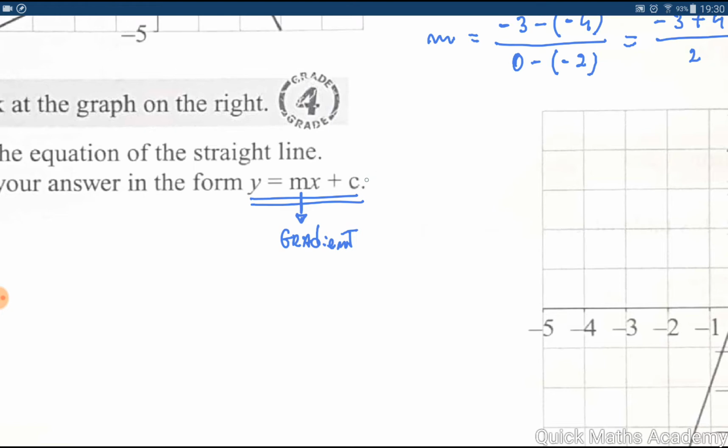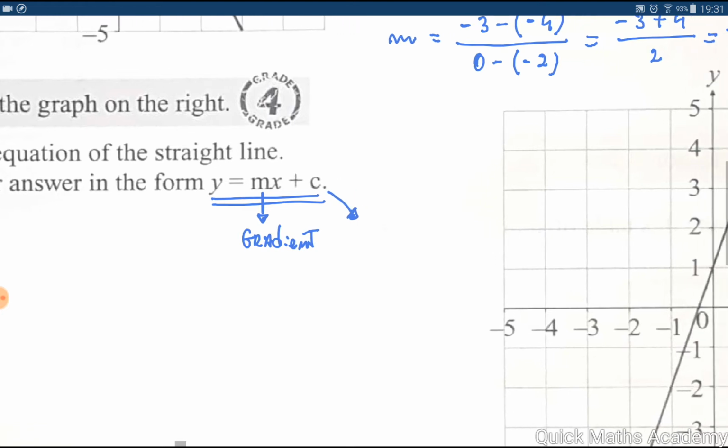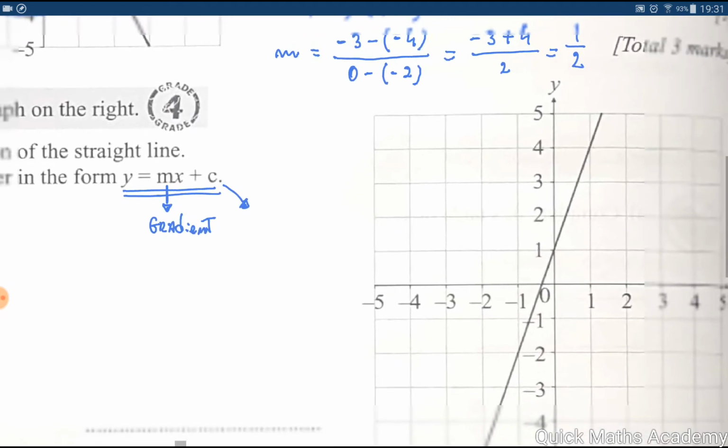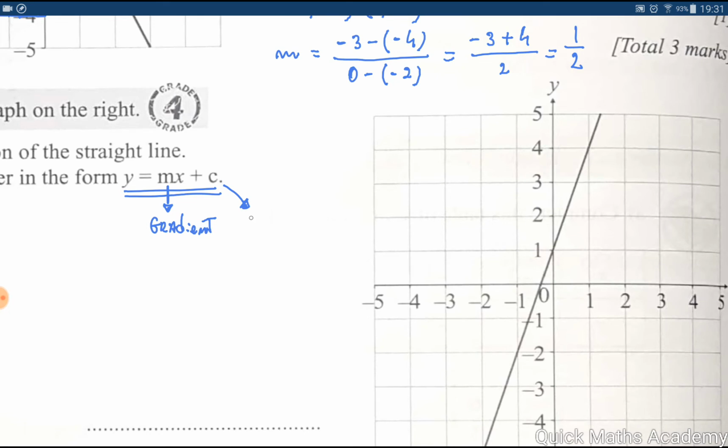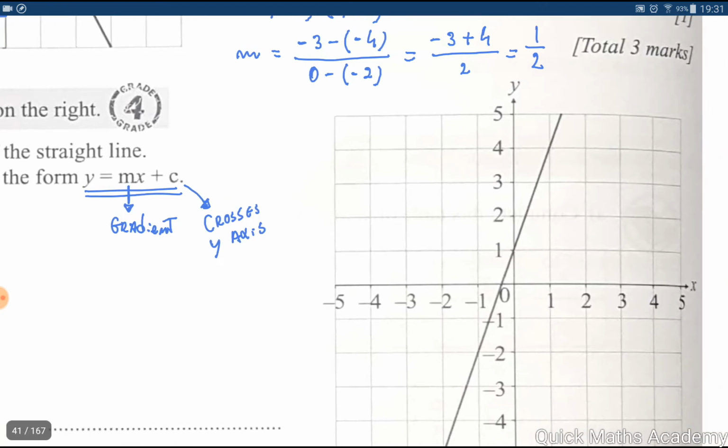And my c is always the point where the straight line crosses the y-axis. Okay, so this is the point.